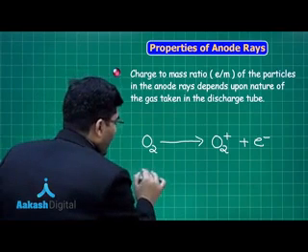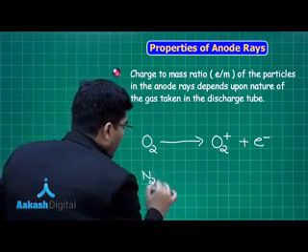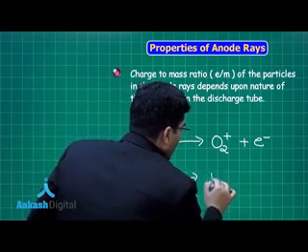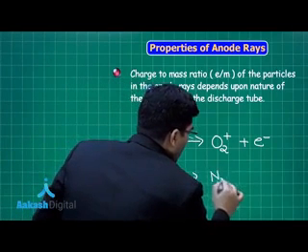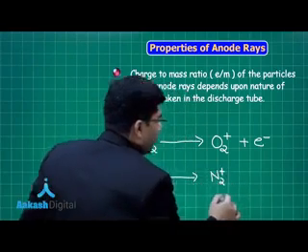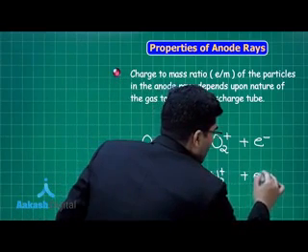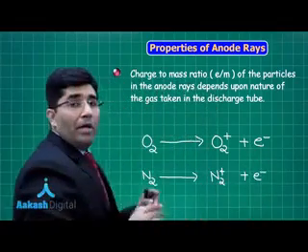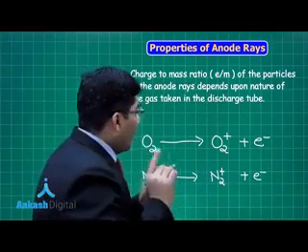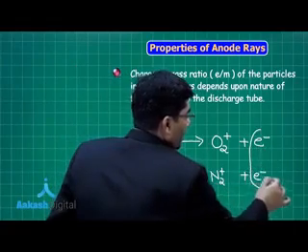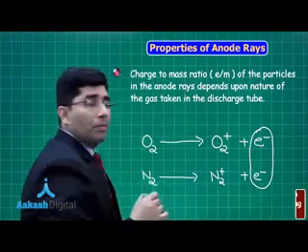Now if we take the case of nitrogen, N2, it will give N2+ and an electron. Now we discussed earlier also, they both are electrons.